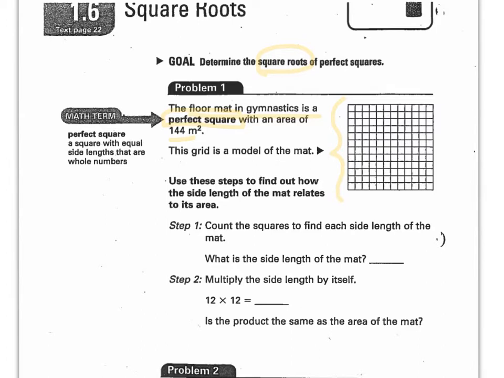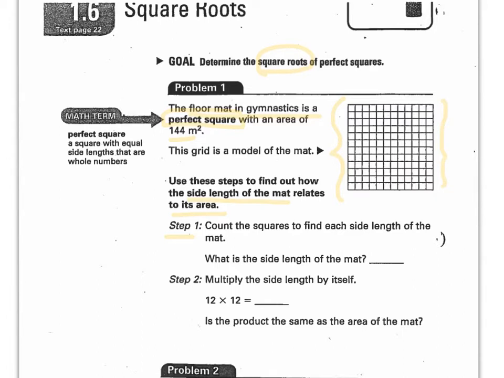We are going to use the following steps to find out how the side length of the mat relates to its area. In turn, we will discover what a square root is. First of all, count the squares to find each side length of the mat. So count this side.